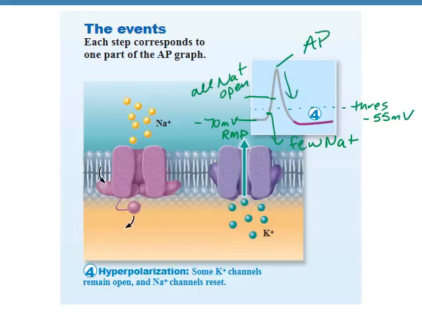When we start going back to repolarization, this is when potassium leaves. Do you see how the extra potassium has left and has made the resting membrane potential drop below -70? Let's say it's at -80 millivolts. That would be hyperpolarization. It's extra negative.